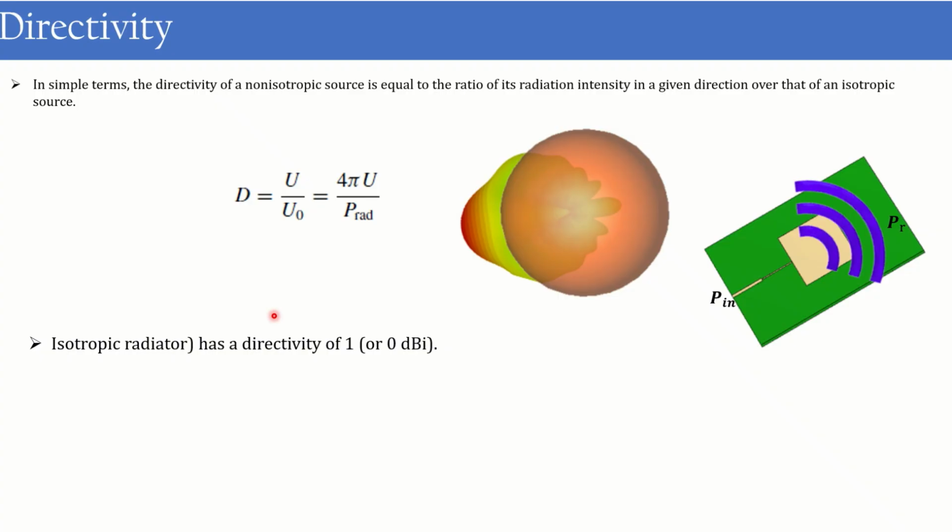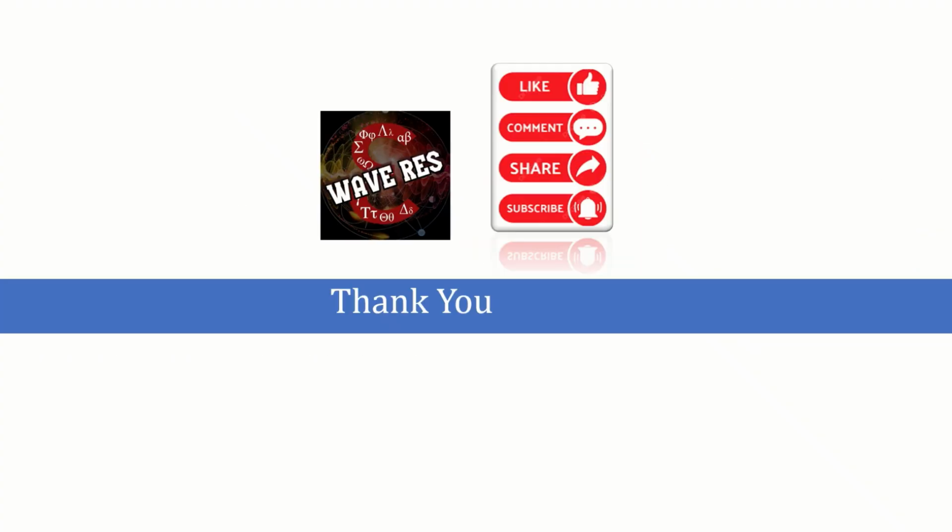So this is the definition for the directivity. I hope you get some idea about what is meant by directivity and its definition. Directivity is just the ability of the antenna to redirect the power in a particular direction, so it is related to the radiation intensity in that particular direction.